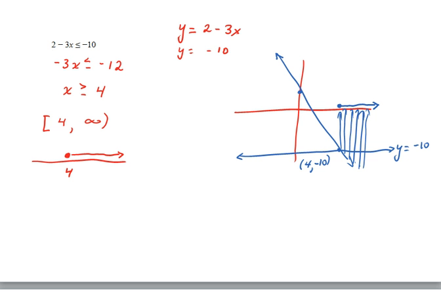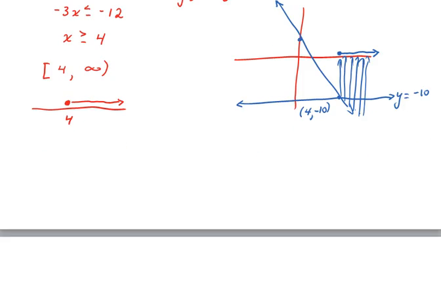So let's look at the third example. In the third example, we have 1 minus x is greater than or equal to 6x plus 8. So first of all, we can subtract 1 from both sides, and subtract 6x from both sides. This gives us negative 7x is greater than or equal to 7.